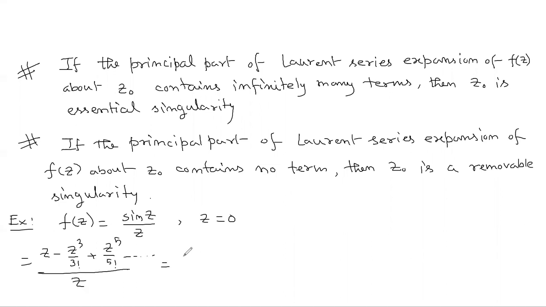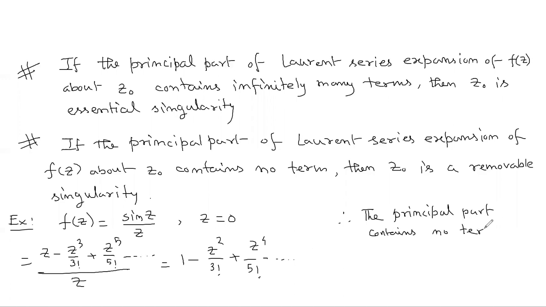So from here we are getting 1 minus z square by 3 factorial plus z power 4 by 5 factorial and so on. So here we can see the principal part contains no term. Only the positive powers are present over here. No negative power is present. So z equal to 0 is a removable singularity.